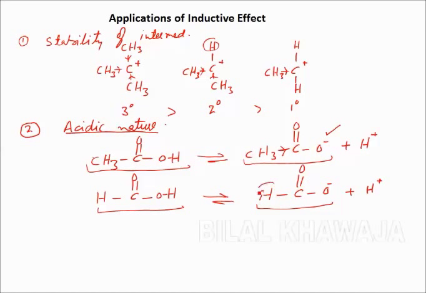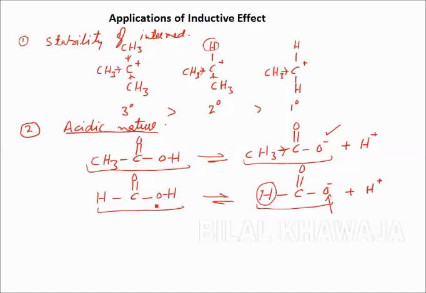Here we have a hydrogen, and hydrogen does not donate, so the electron density on this oxygen is not so high. Correct? The plus I effect of the methyl decreases the stability of the conjugate base of acetic acid, and that's why this is less stable. That's why this is less acidic.